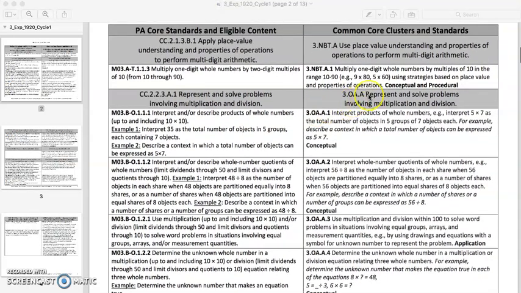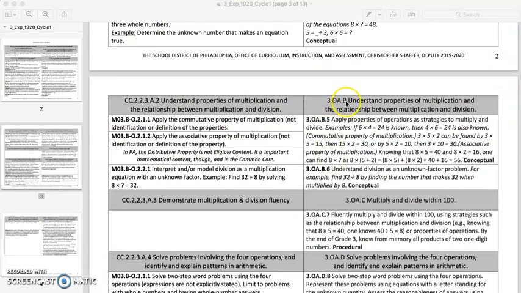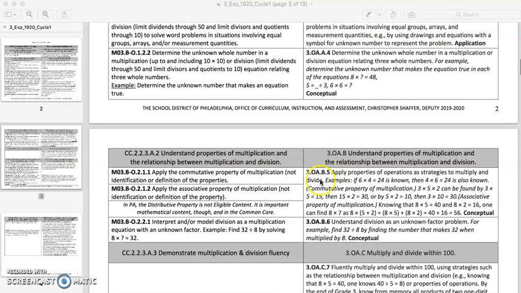To get more detail about a Common Core cluster, you look at Common Core standards. So the A cluster has A1, A2, A3, and so on. Down here you have the B cluster, which has B5, B6. Notice it doesn't start over at B1. A goes up to 4, and then B takes over at 5.